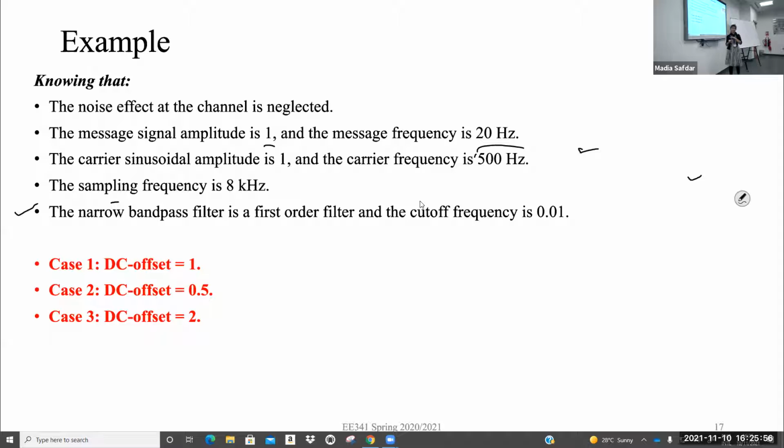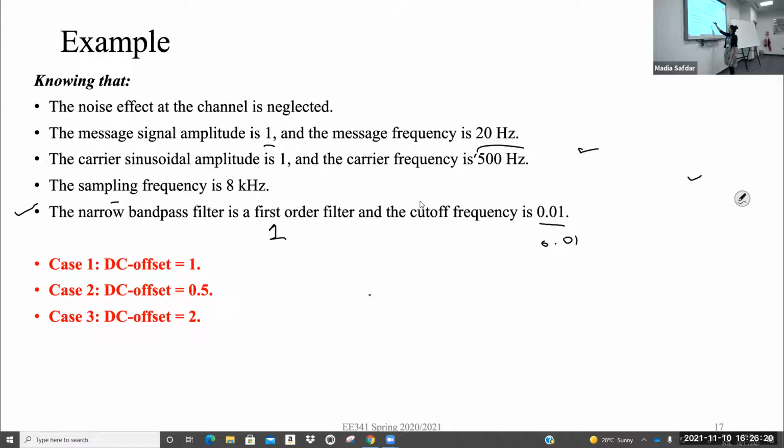First of all, you will write the message signal with a frequency of 20 hertz and amplitude 1. Then you will write the carrier with amplitude 1 and frequency 500. Then the sampling frequency, which is 8 kilohertz, and your filter is first order with cutoff frequency 0.1.